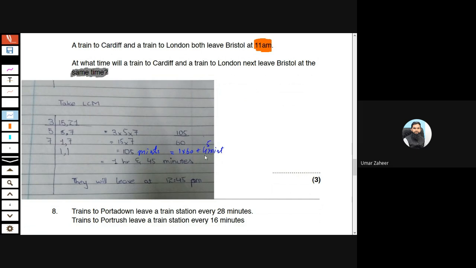It started from 11 a.m. So 11 plus 1 hour and 45 minutes is going to be 12:45, and obviously it is going to be p.m. Yes, does anyone have any confusion about this one? No, sir.